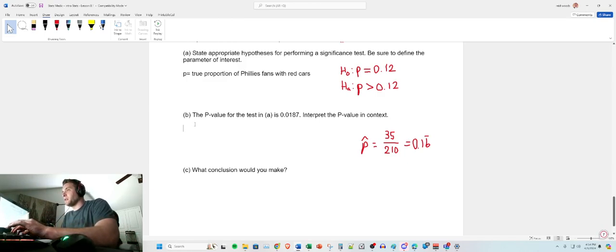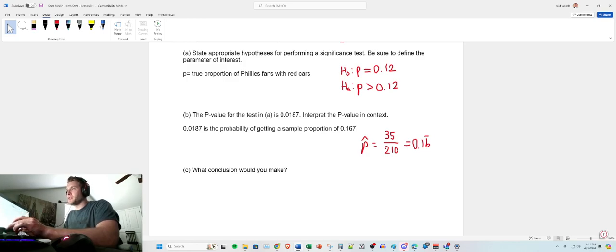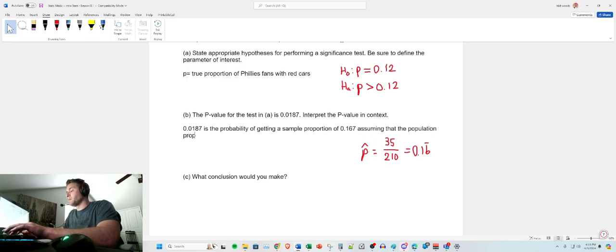So let's write what this means. So 0.0187 is the probability of getting a sample proportion of 0.167, assuming that the population proportion is 0.12.